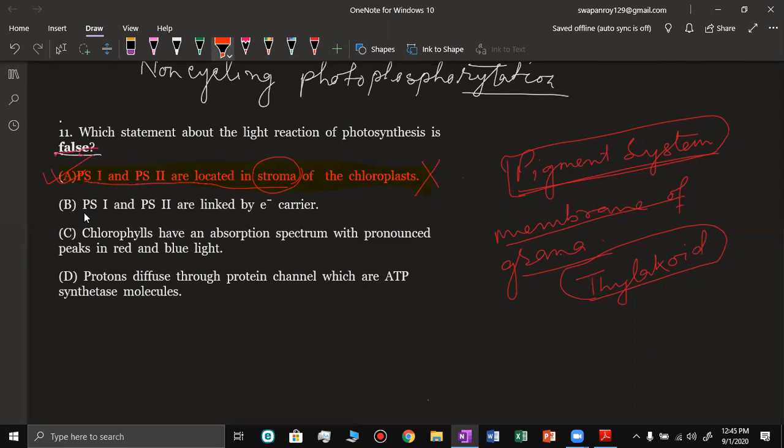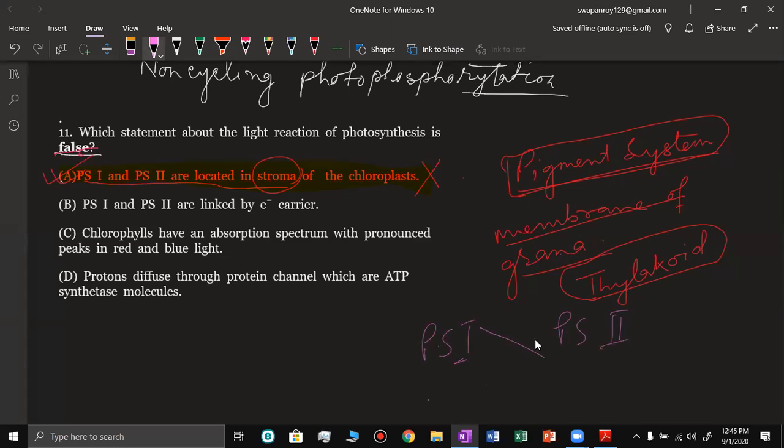Other statement is that PS1 and PS2 are linked by electron carrier. These are two pigment systems, PS1 and PS2. They are linked by the electron carrier.